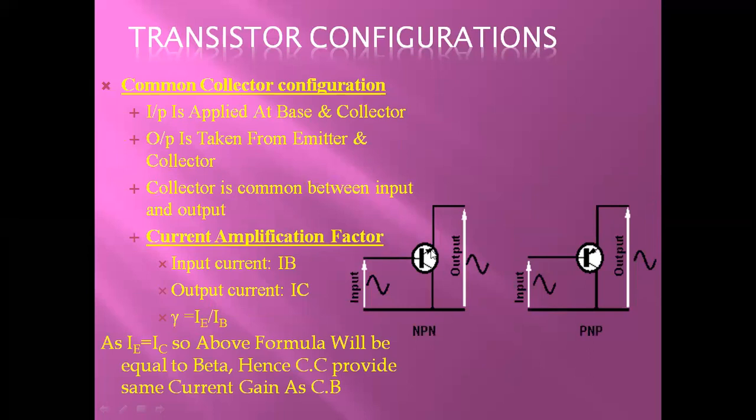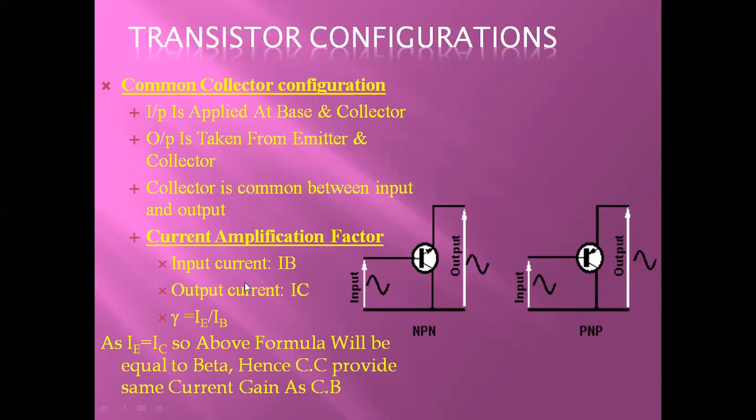The output is taken between the emitter and the collector, and the input is supplied at the base and collector. So here the collector is common between input and output.